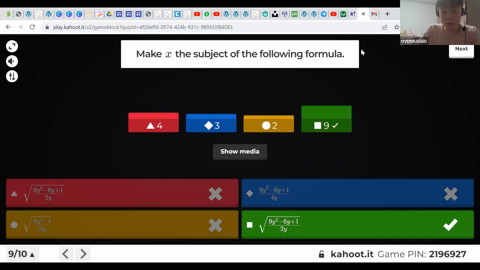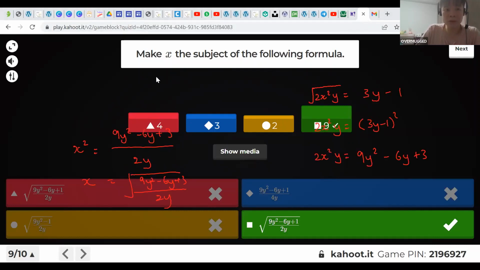Do you all know how to get the answer? I don't know why it's not allowing me to undo. Okay, it's there. So this is how you get the answer. And remember, with square root, you have plus minus as well.